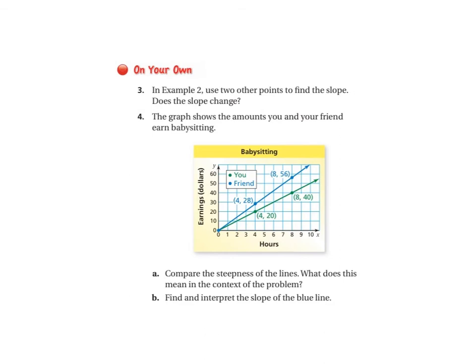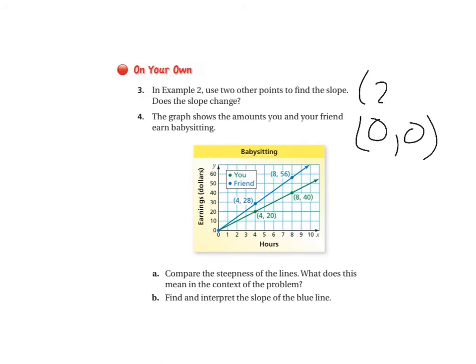And now we are going to look at example 2. It says use 2 other points to find the slope. Does the slope change? If we look at the same line and we use 2 other points, let's use 0, 0, because that's nice and easy, and how about 2, 10?